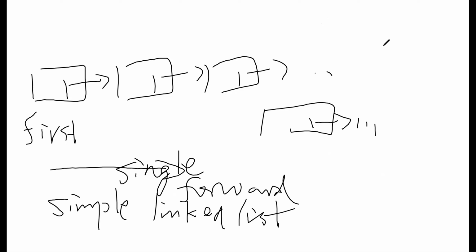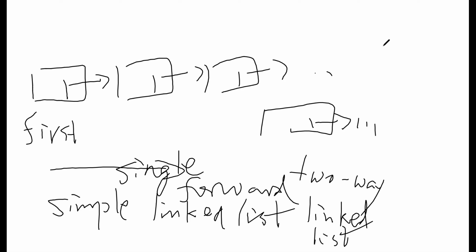And you can also implement what we call a two-way direction linked list. In that concept, you also have a tail node, and the tail node's next is going to point to null. But in that case, it has another field for each node.